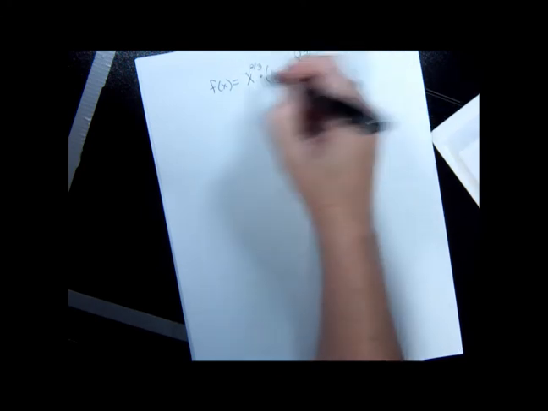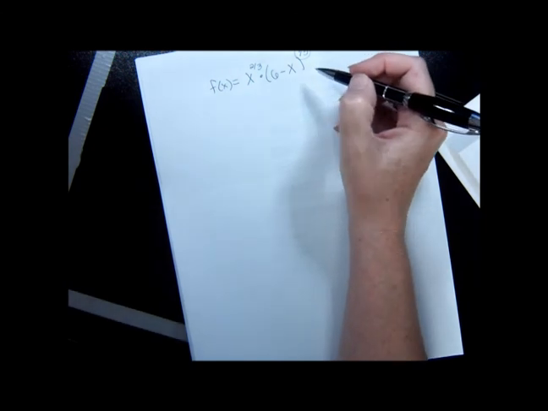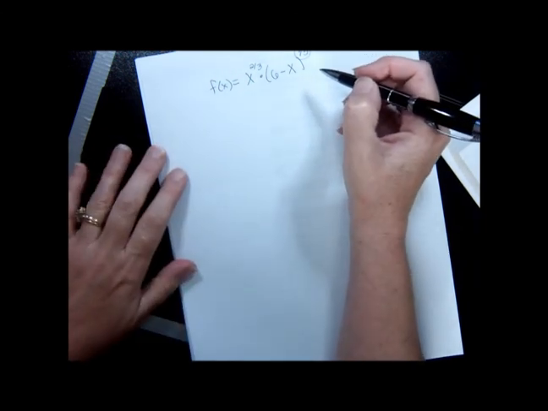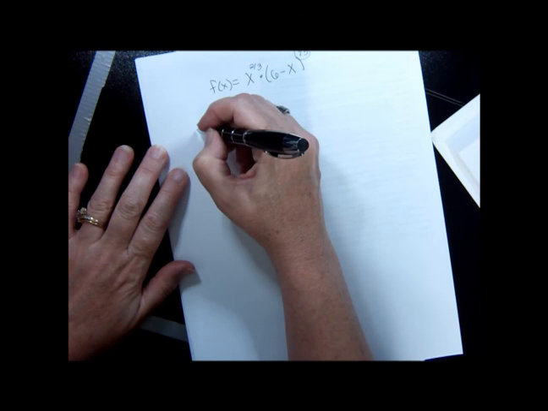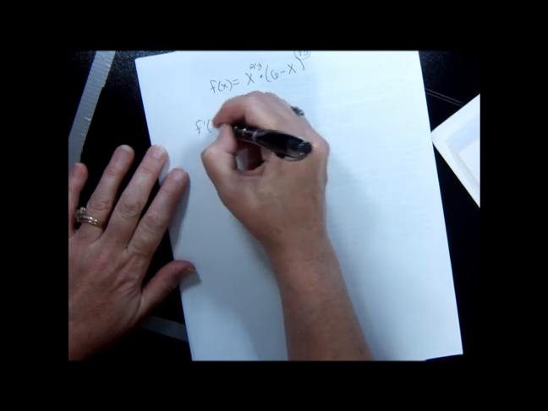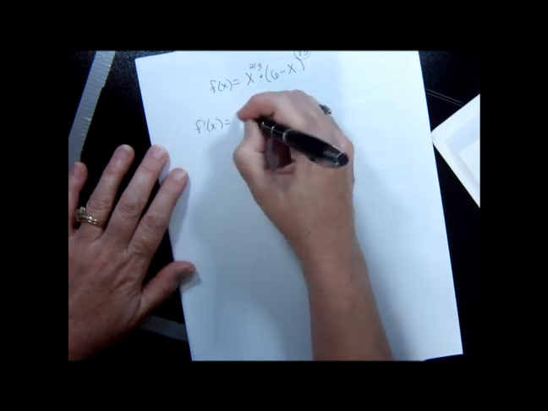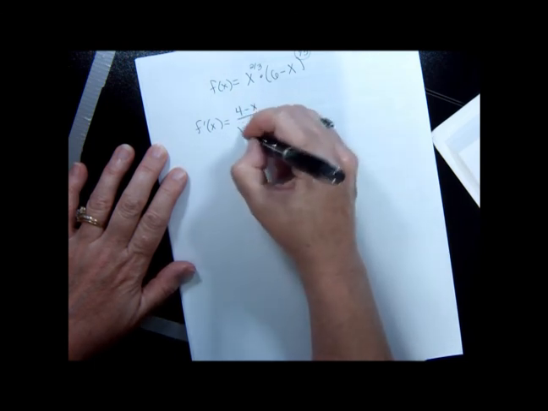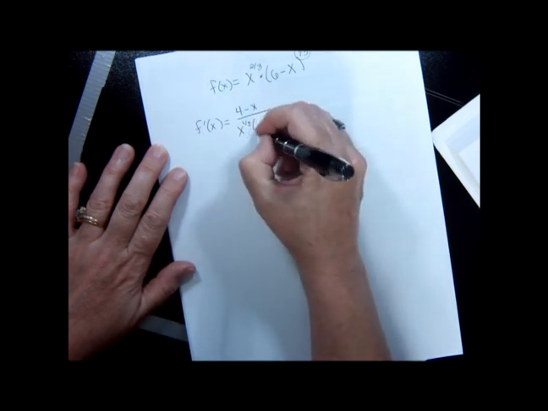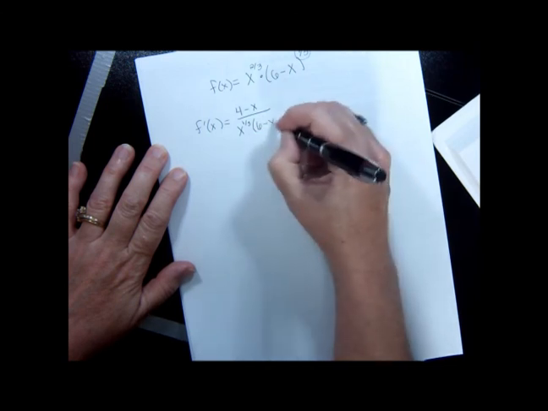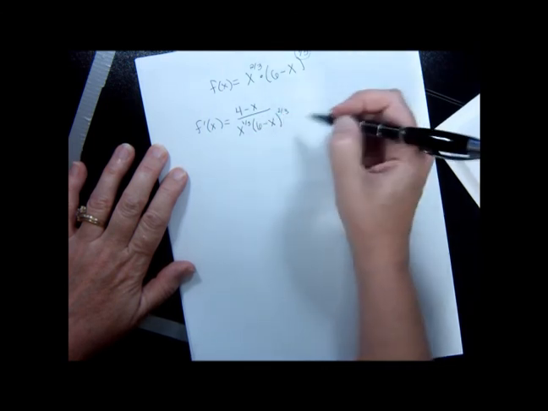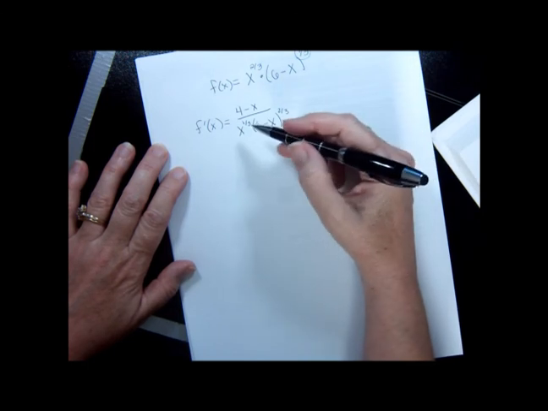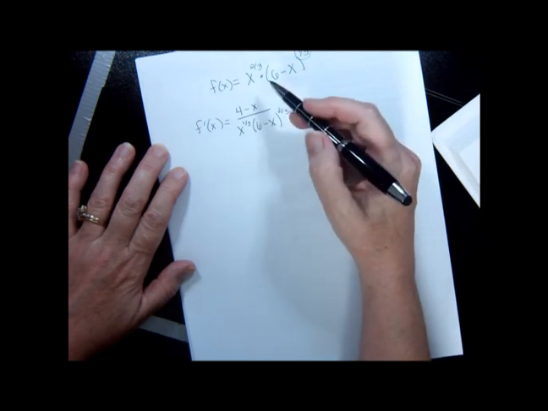And they went ahead and gave us the first two derivatives there because we've already had a test on that, right? So the first derivative is 4 minus x over x to the 1/3, 6 minus x to the 2/3. Now, it definitely would not hurt you to practice differentiating to make sure that you get that.